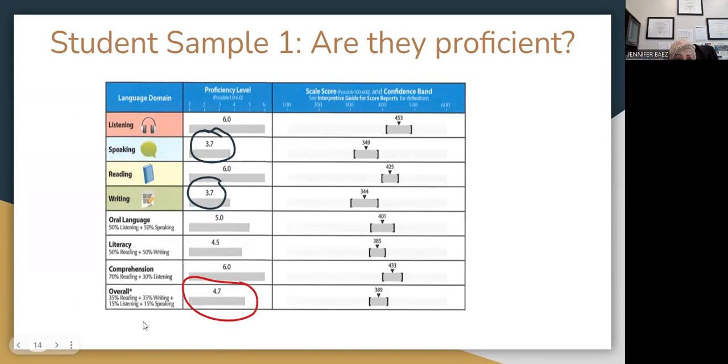So you can see that the reading and the writing account for 70% of the composite score, while the listening and the speaking only account for 30% of the score. So even though the student has a 4.7 composite score and they only need a 4.4, they do not exit because they did not get a 4.0 in the speaking or in the writing.